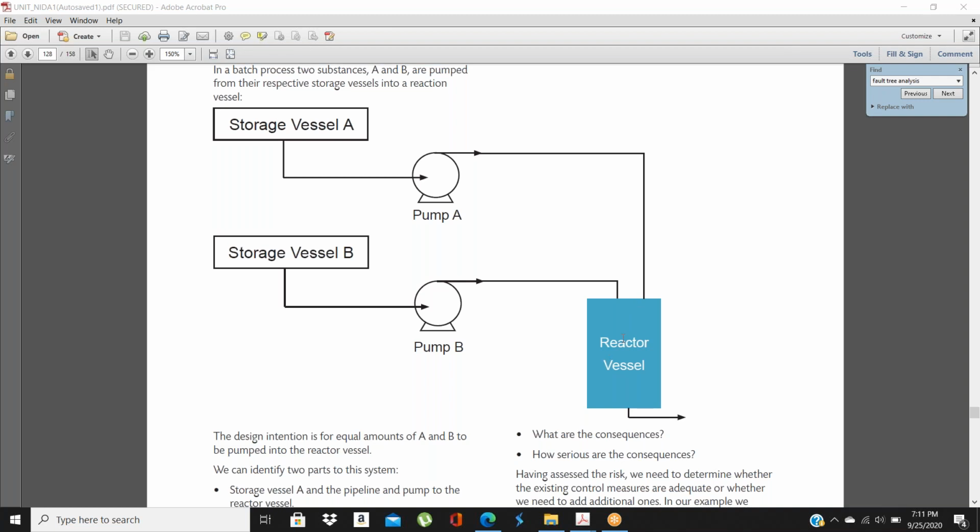Now let's suppose the reactor has more heat, more temperature. If the temperature is more, what will happen? This is an exothermic reaction, so the reaction will stop, or the rate of reaction will reduce, because the reactor has more heat. And if there is less heat, the reaction will become fast.